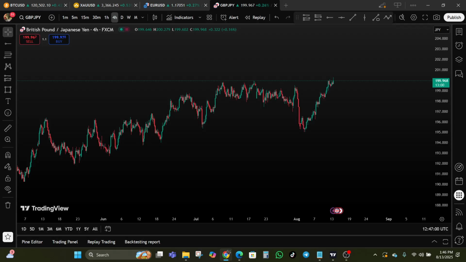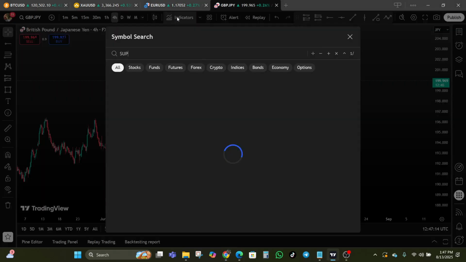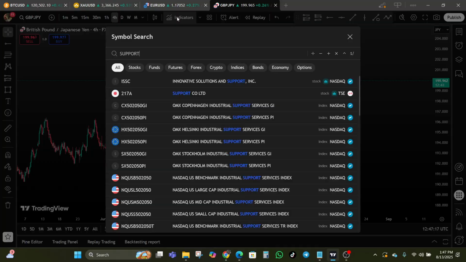Now in this video we are diving into one of the most popular and effective TradingView tools, and that is the Lux Algo support and resistance indicator.